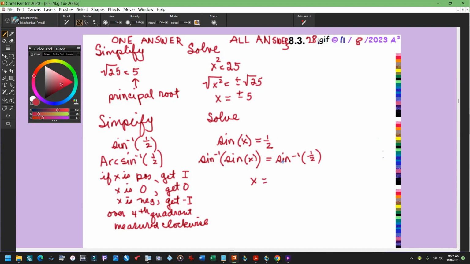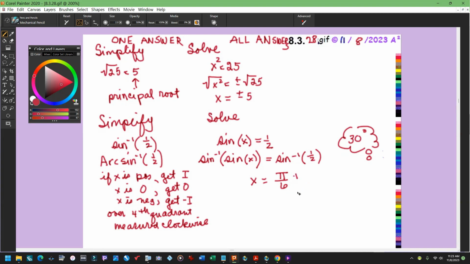Now we go with the angle whose sine is 1/2. Well, you can think of 30 degrees, but write pi over 6, because that's 30 degrees. And you want all of them.